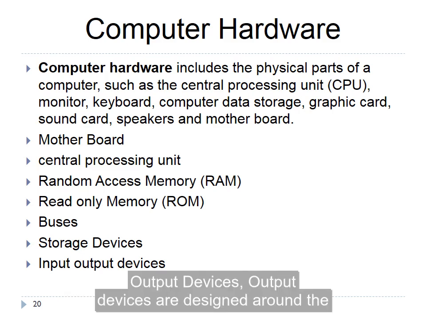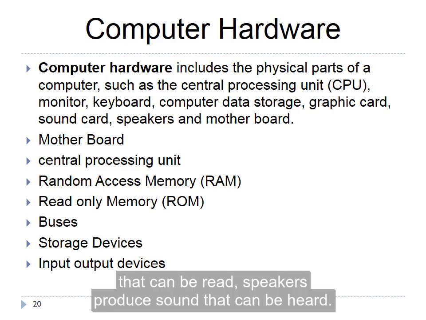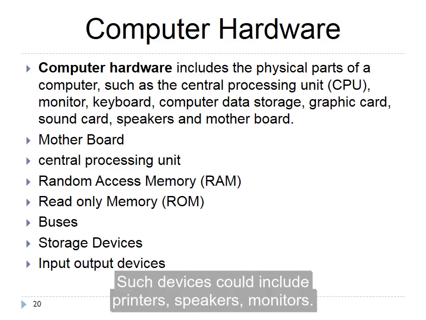Output devices. Output devices are designed around the senses of human beings. For example, monitors display the text that can be read. Speakers produce sound that can be heard. Such devices could include printers, speakers, and monitors.